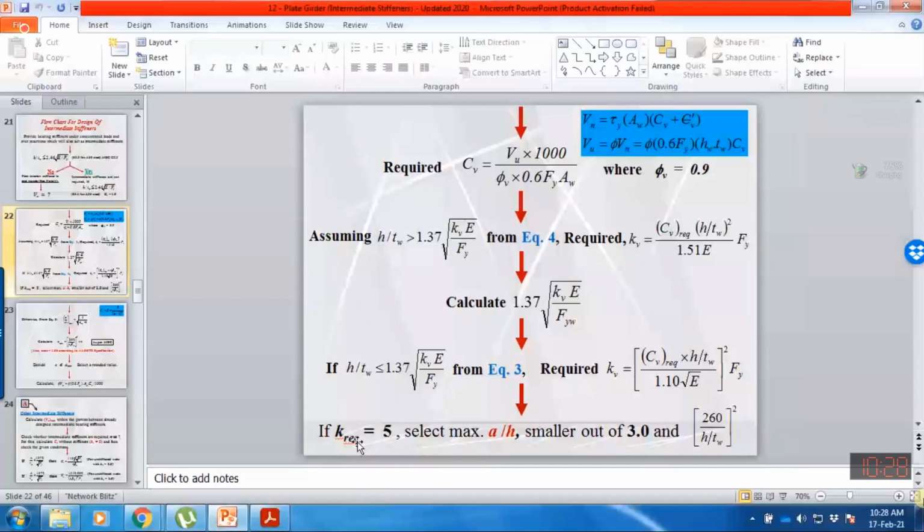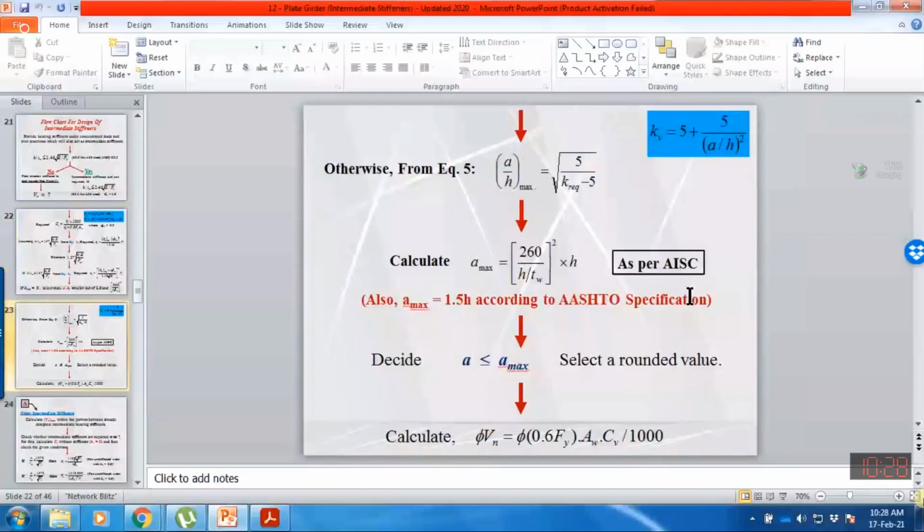So if kV is 5, select the maximum spacing, or the A over H ratio smaller out of the two for this expression. But if the kV value is more than 5, then we use this equation: substitute the kV value here and determine the spacing of stiffener from here. This equation is the simplified form of this equation.